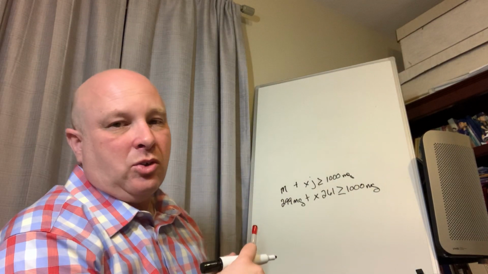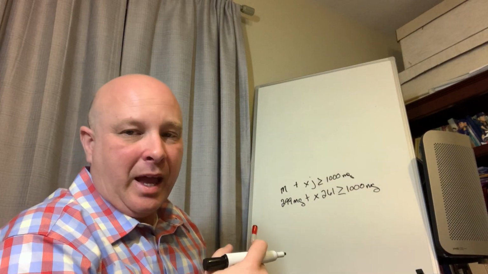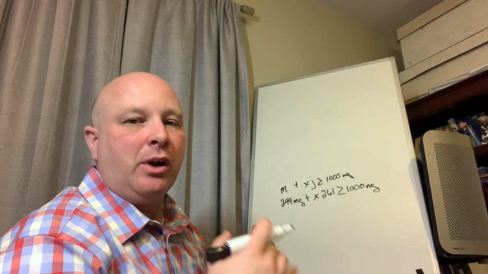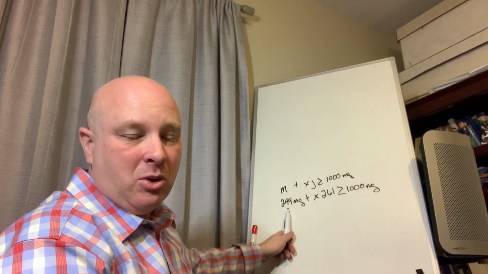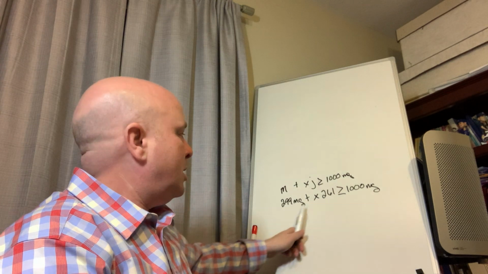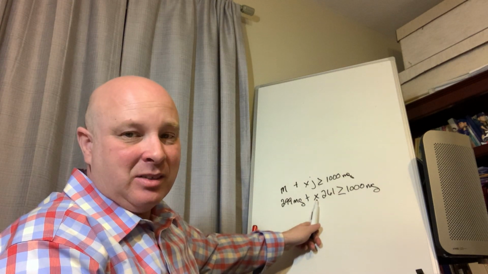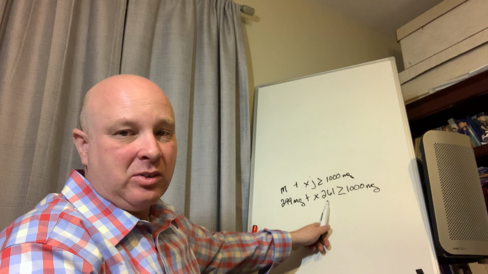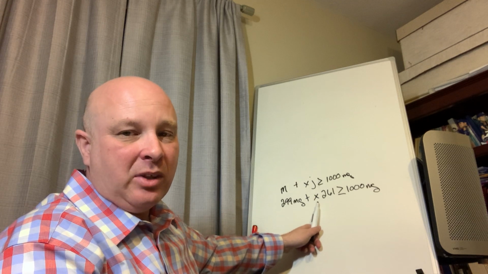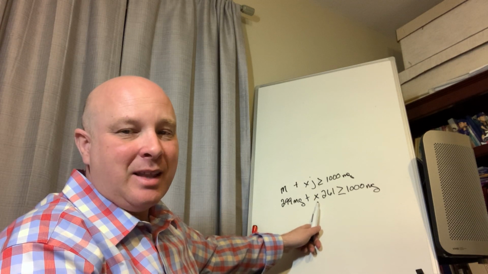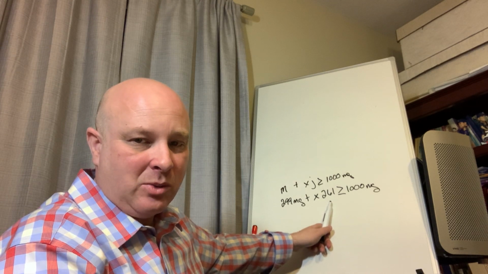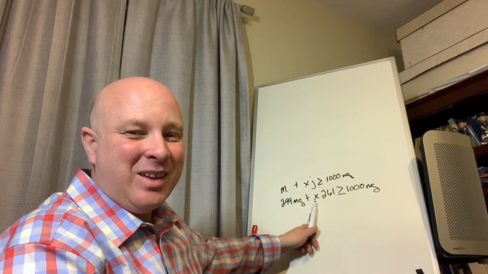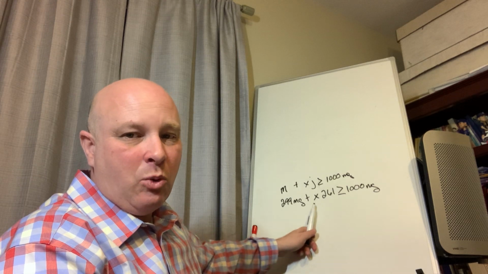All right, so we're solving here for X, and X is the number of juice drinks we have to have, right? So if one glass of milk is 299 plus X times 261, well, X is the number of juice glasses, right? The number of 261s. Each juice glass is 261 milligrams. So X is the number of juice glasses. So we're going to solve for X.